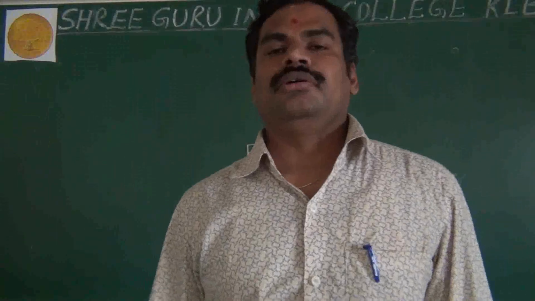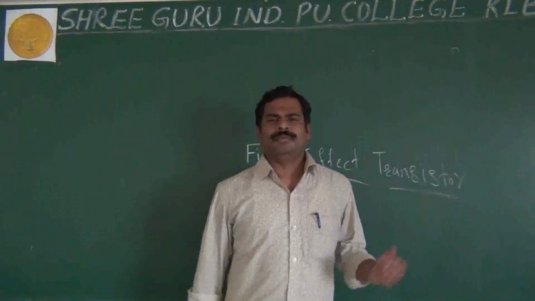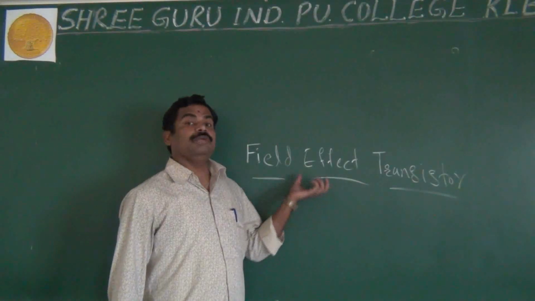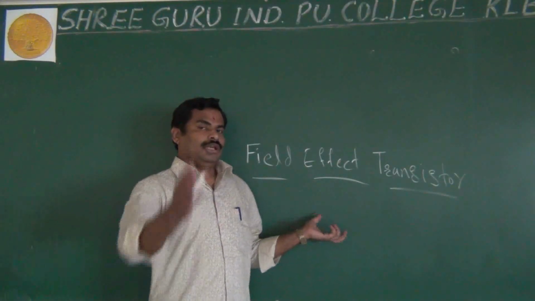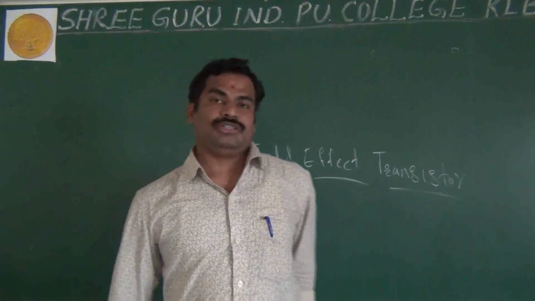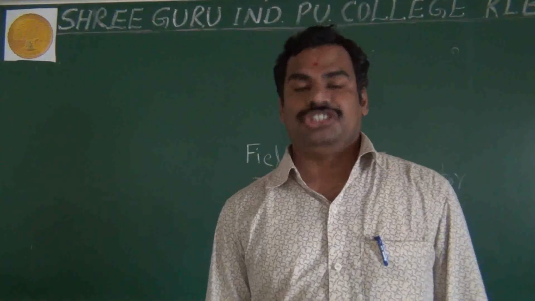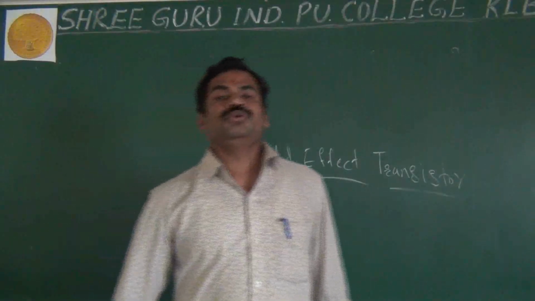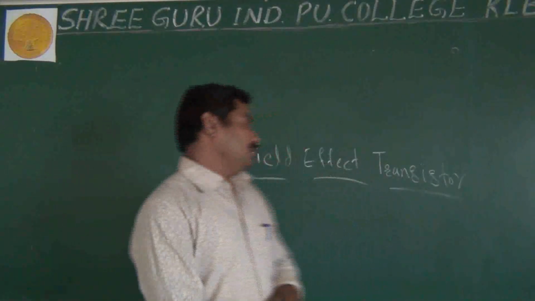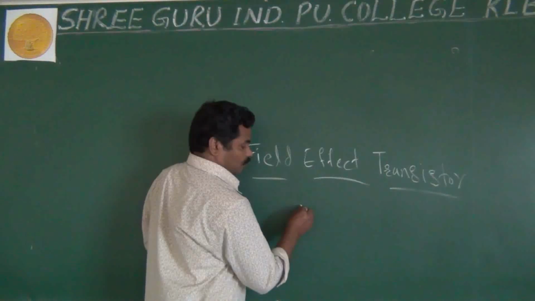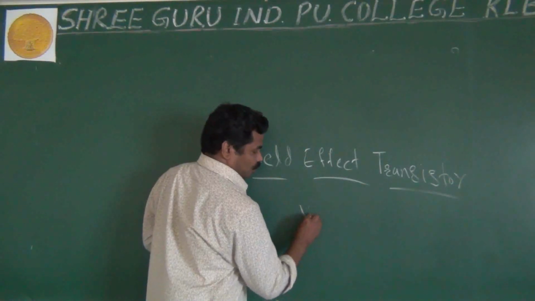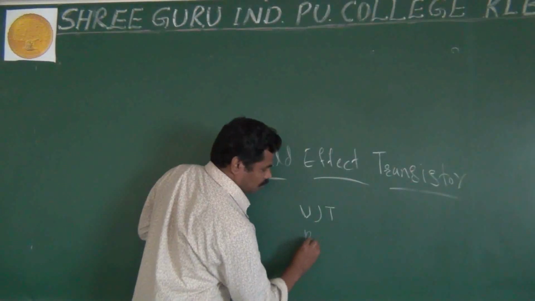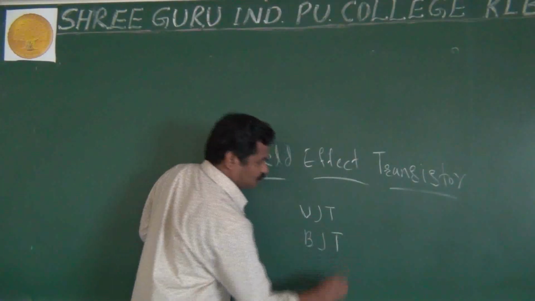That is because, as I said already, it is also one type of transistor. As I said in the beginning of the first class, while explaining transistors, in broad we can classify two types of transistors. One is the unipolar junction transistor, another one is the bipolar junction transistor.